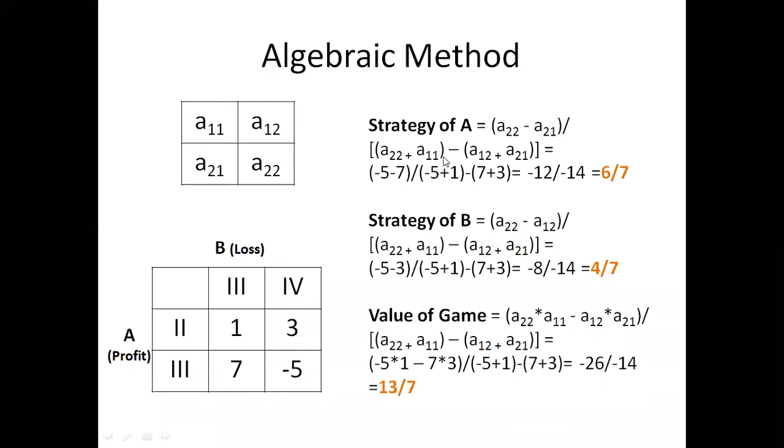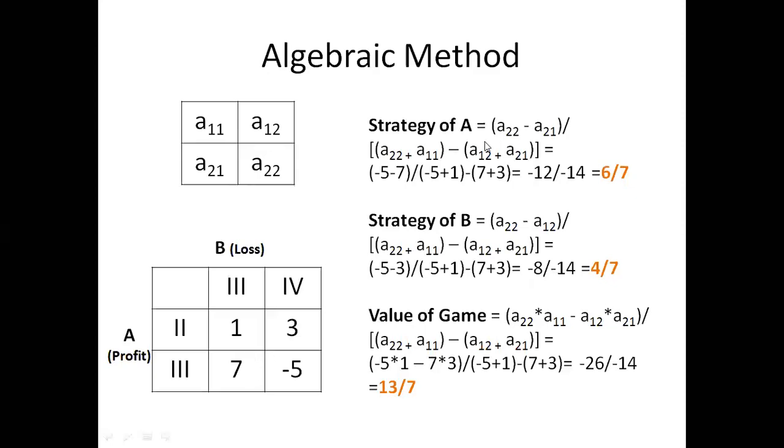In order to determine the strategy of A, the formula is A22 minus A21, divided by A22 plus A11 minus A12 plus A21.